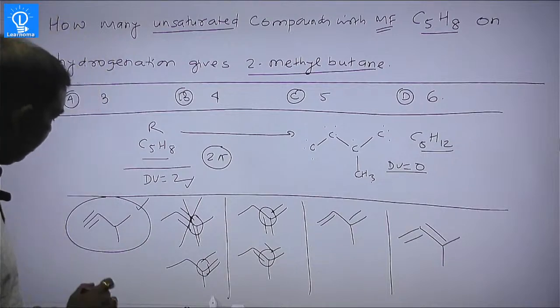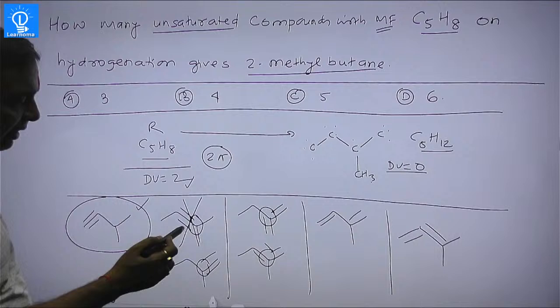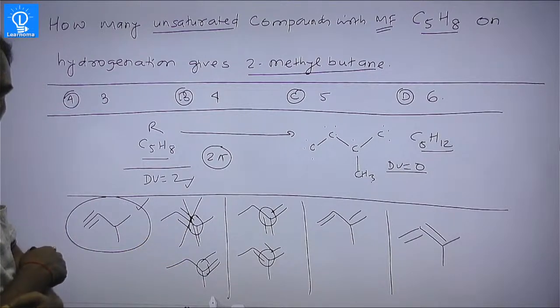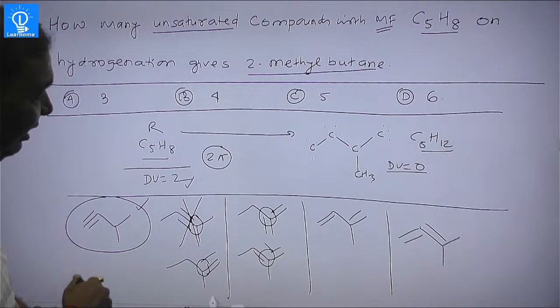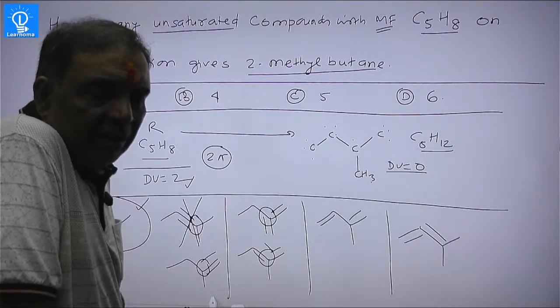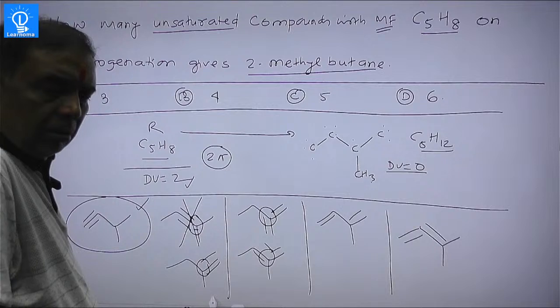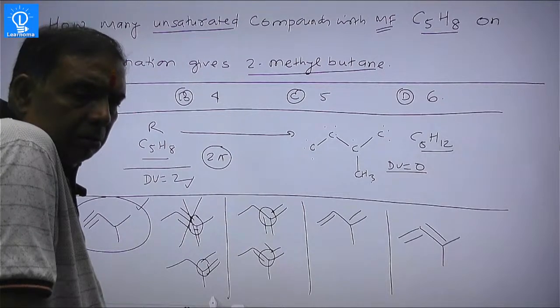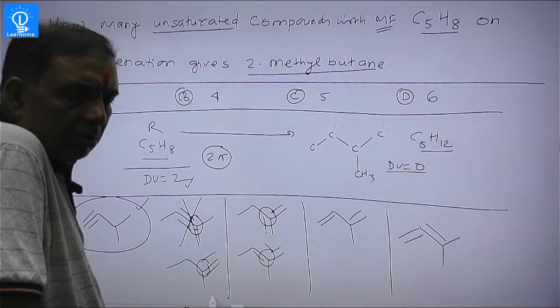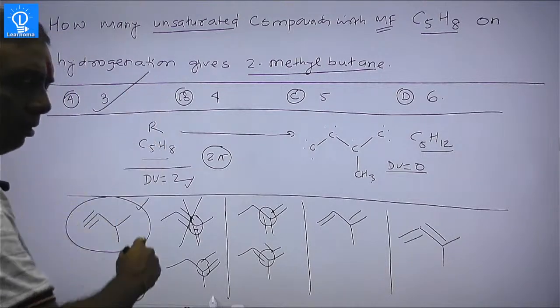In this case, the valency is not exceeding. In this case, the valency is exceeding. Carbon is similar to a dog or goat. It has only 4 legs. It can't have 5 legs. Now the answer is 3.